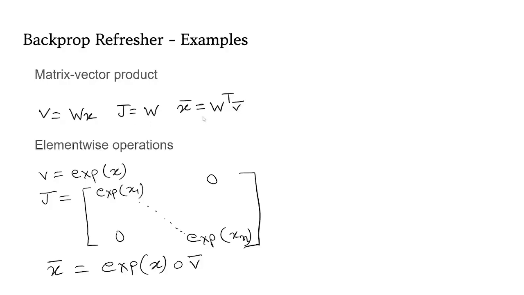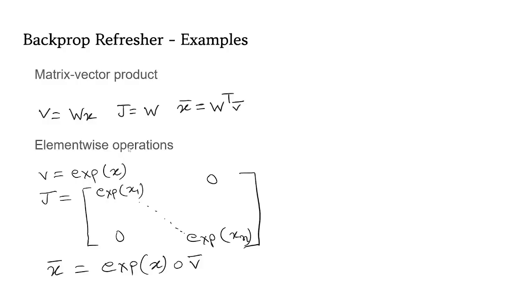Here the Jacobian turns out to be W, and we can write x bar as the transpose of the Jacobian times v bar. This holds generally: we can write the adjoint of a particular node as the transpose of the Jacobian times the adjoint of the child node in the computation graph.